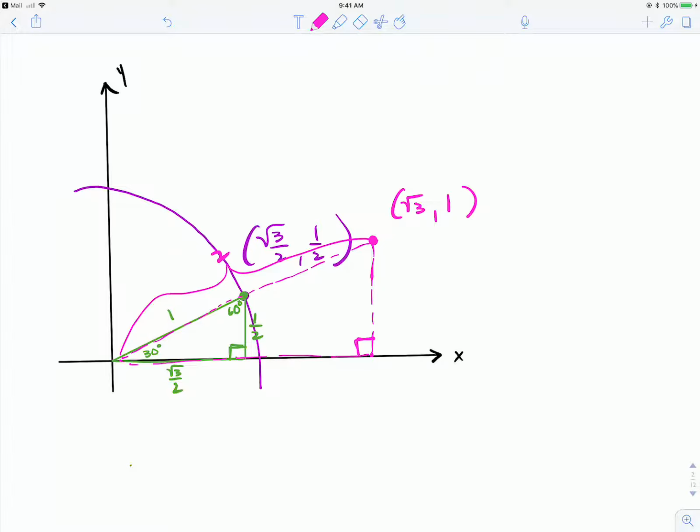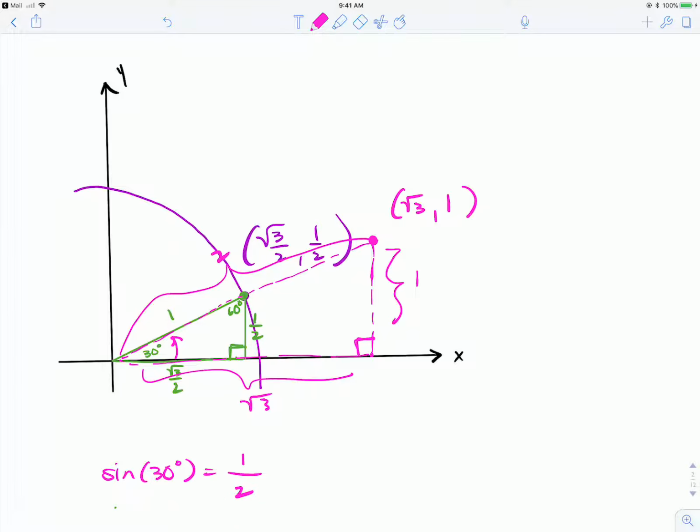Because let's think about this. This angle here is still 30 degrees. So if we wanted to find sine of 30 degrees, by referencing our pink right triangle here, this would be 1, and then this would be root 3. So sine of 30 degrees, thinking just SOHCAHTOA, right? Opposite over hypotenuse. The side opposite would be 1, and then the hypotenuse would be 2.